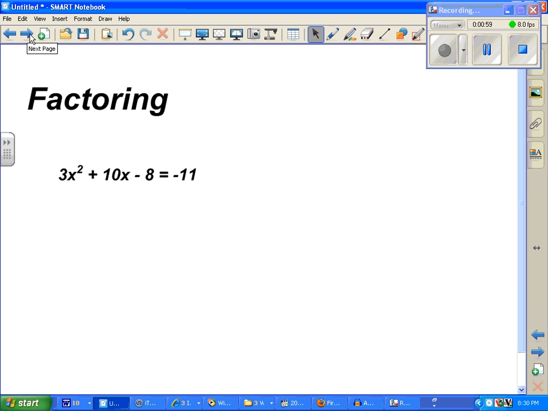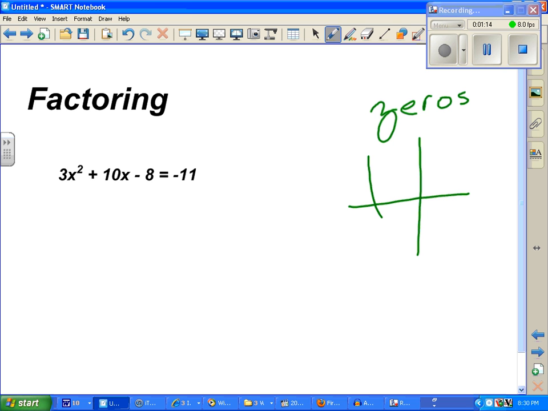Factoring. Hopefully everybody understands this concept. What we're trying to find here to solve this is the zeros, which, since we're dealing with a quadratic, so the graph of it is a parabola, are the places where it crosses the x-axis.